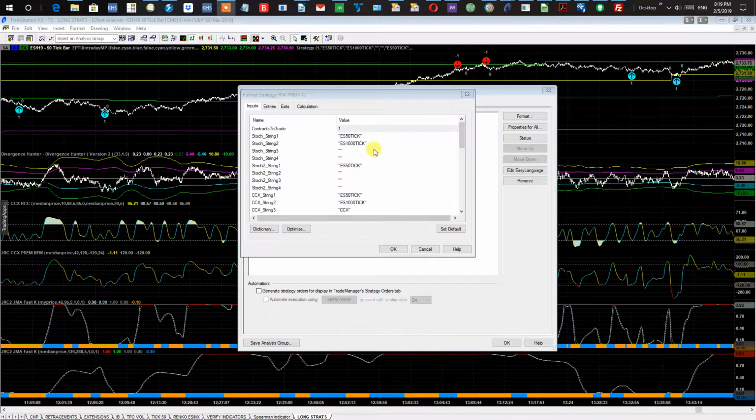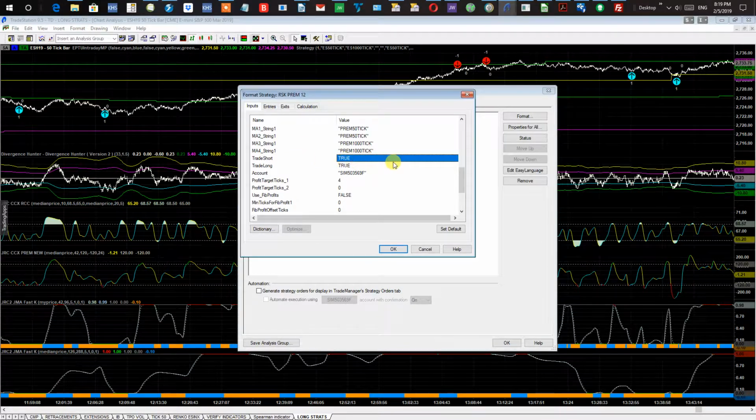Contained within each strategy are various settings that can be manipulated by the trader to suit his personal needs. We have a field for entering the number of contracts to trade, the various strings that are associated with the data that we're collecting, and entering into logical sequences to establish our specific trade conditions.